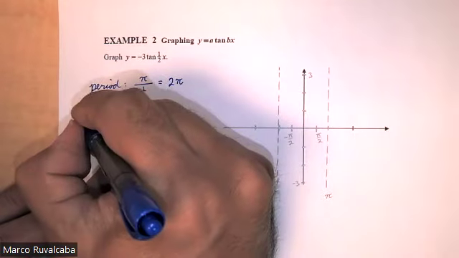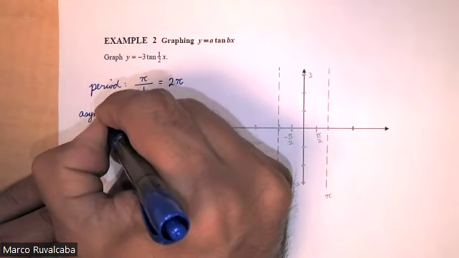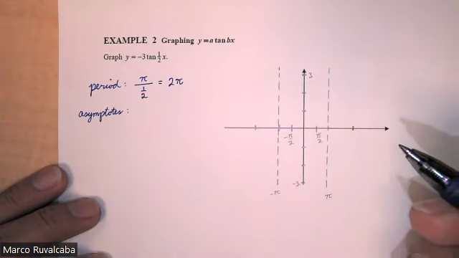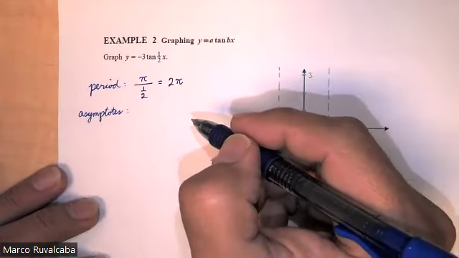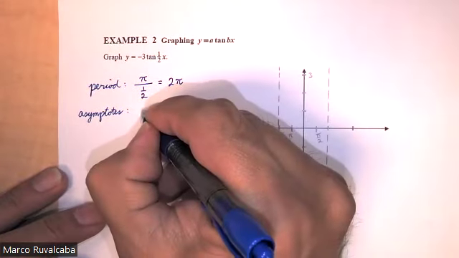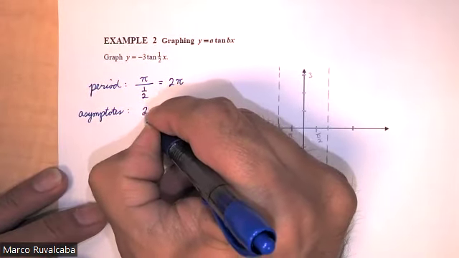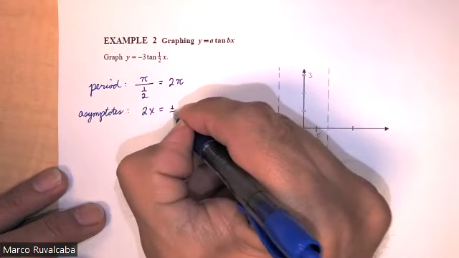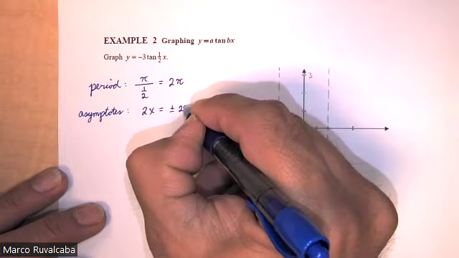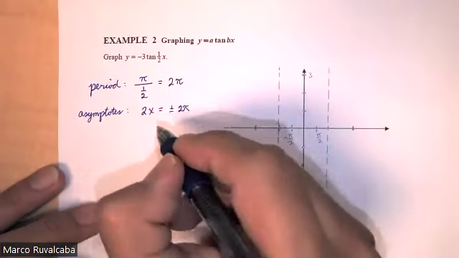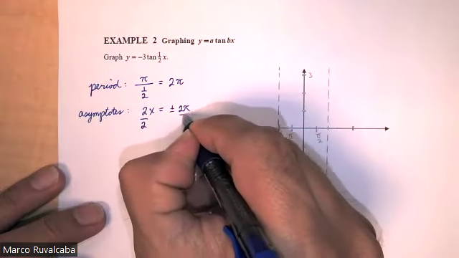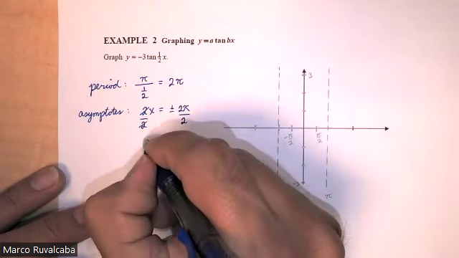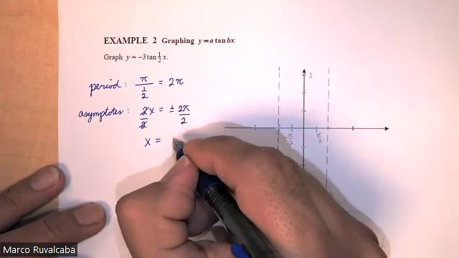Okay, and then your asymptotes: you have 1/2 x equals plus or minus pi halves, and multiply by 2, so x equals plus or minus pi.